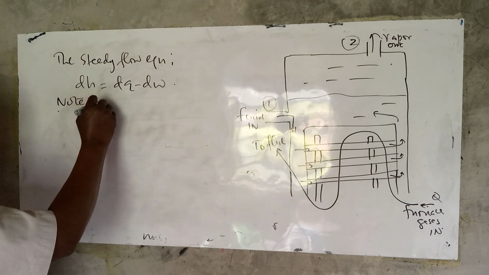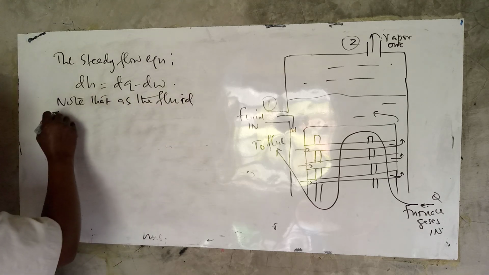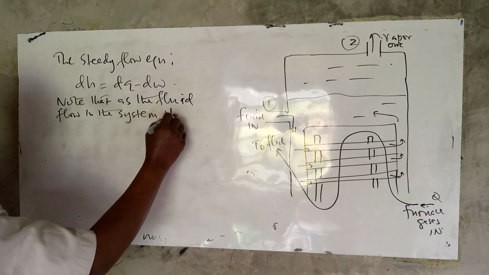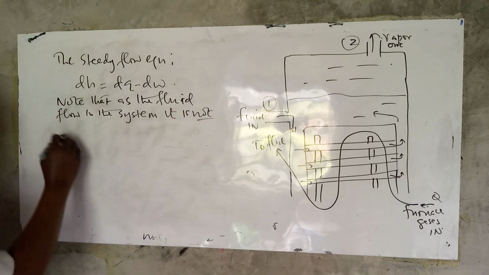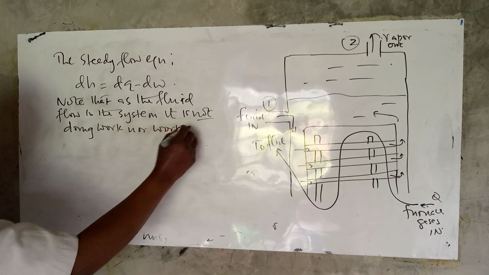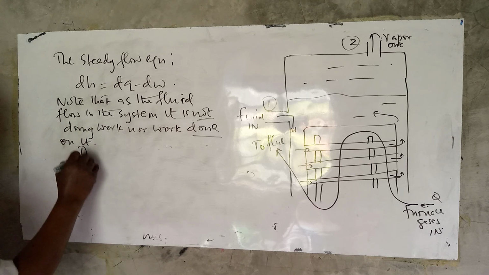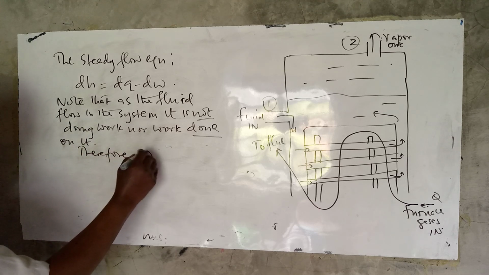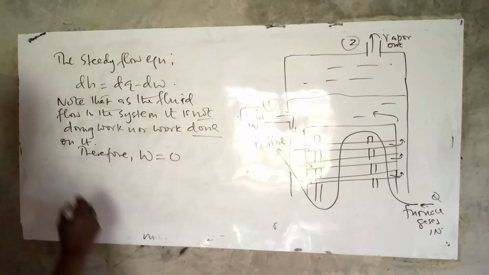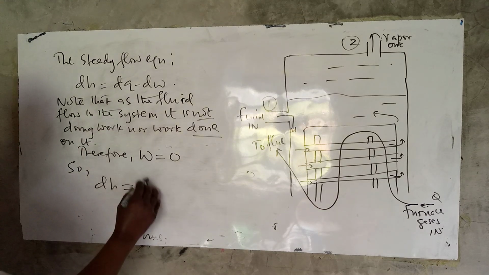Note that as the liquid flows in the system, it is not doing work, nor is work done on it. Therefore, W is equals to 0. So the steady flow equation reduces even further. So the equation now is dH is equals to dQ.